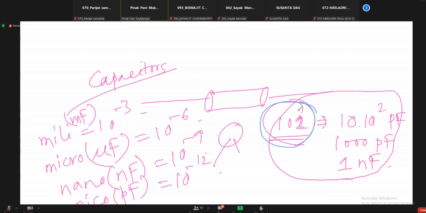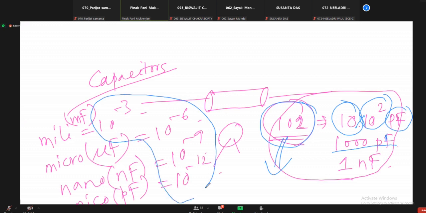The last digit, 2, tells you how many zeros appear, and remember the unit is always picofarad. Then it turns into 10 into 100, that's why 1000 picofarad. If you convert this, then you will get 1 nanofarad.